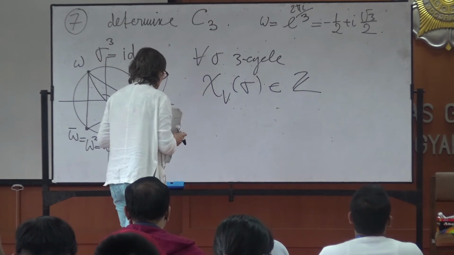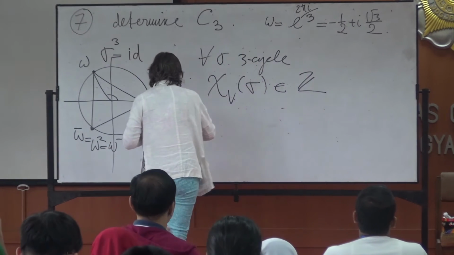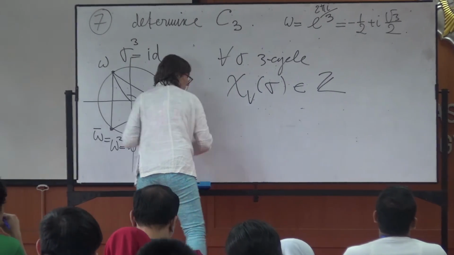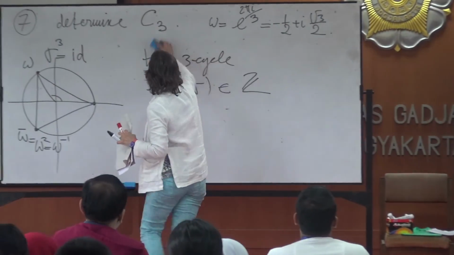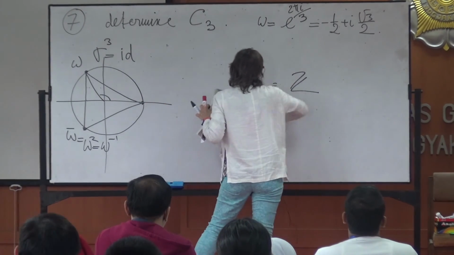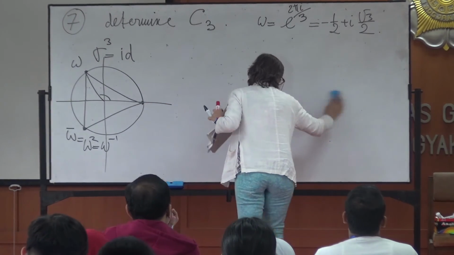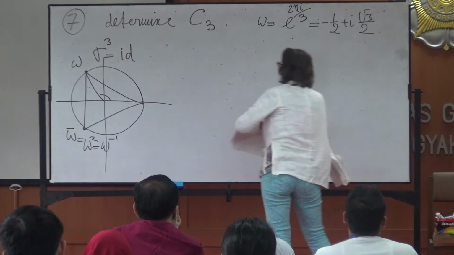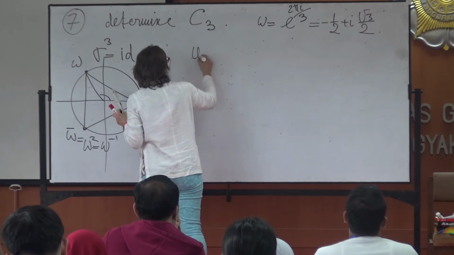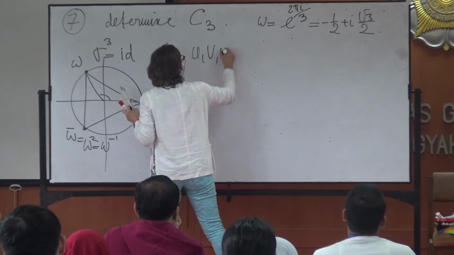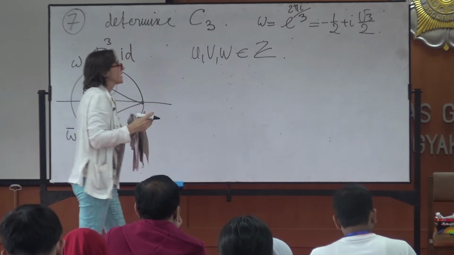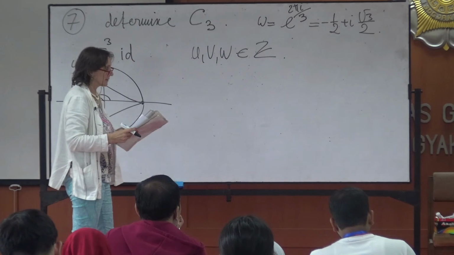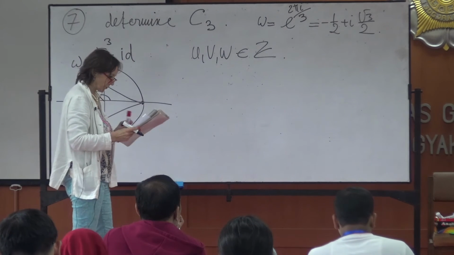Okay, so now we have u, v, and w, real numbers. Now we must determine... so now we have u, v, w, integers. And now we can apply the orthogonality relations that we know.